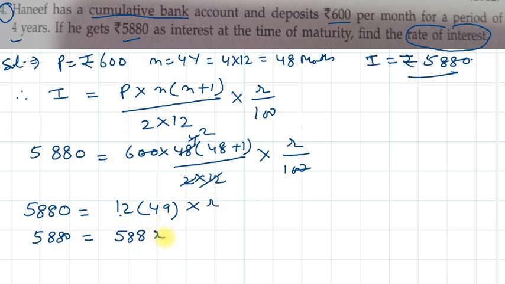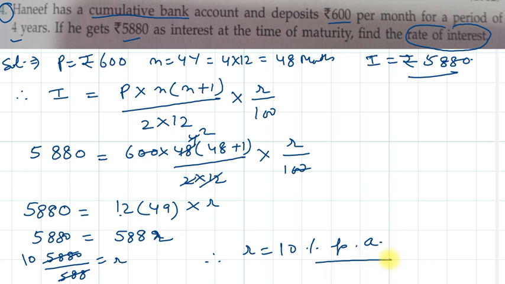R would be multiplied by this and come like this. So if you have learnt your tables well, your calculations would become faster. 5880 upon 58 equal to R. So this would get cancelled with this. So therefore R would become 10% per annum, right? Let us move on to the next.